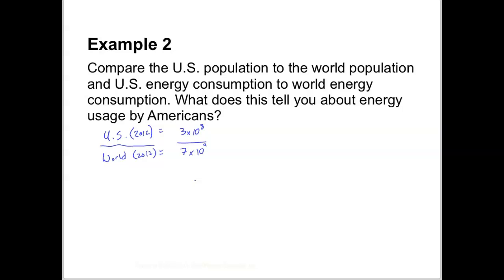And so if we simplify this just using our rules, I can just divide the numbers in front. So I'm just going to write that as 3/7. I can subtract the exponents, so that's times 10 to the negative 1. And 3/7 is going to be 0.43 approximately, times 10 to the negative 1.